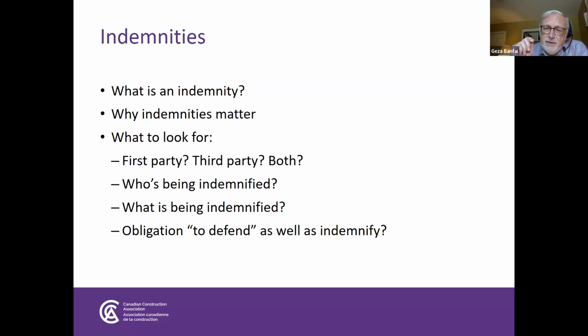Third party language says the general contractor indemnifies the owner against claims by third parties. Both is the general contractor agrees to indemnify the owner against claims for which it is responsible and as against claims by third parties. And in fact, the CCDC standard form language is both.